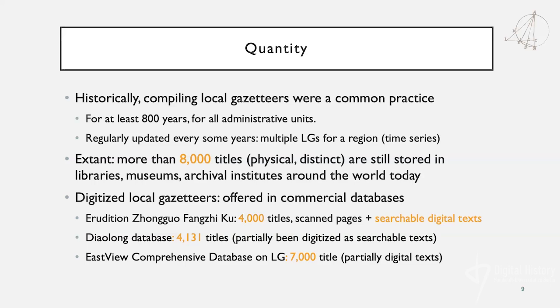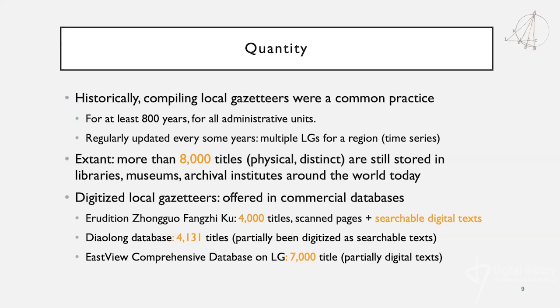But if we take only the first one, these are distinct copies of digitized gazetteers. They are scanned. They have book metadata, the publication date, the editors, and they are digitized in searchable digital full text. And that makes a huge game change.